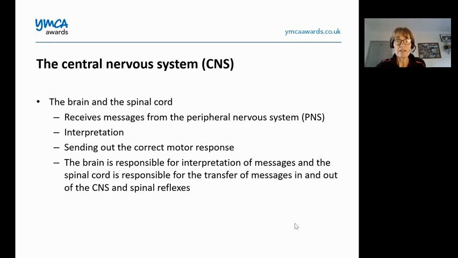So the brain is responsible for interpreting messages, and the spine is more of a relay center. So that transfers messages in and out of the central nervous system. And also, some decisions are made at spinal reflex level, which doesn't actually go to the brain, it just occurs at spinal level. But most of the motor responses need to come in for interpretation.